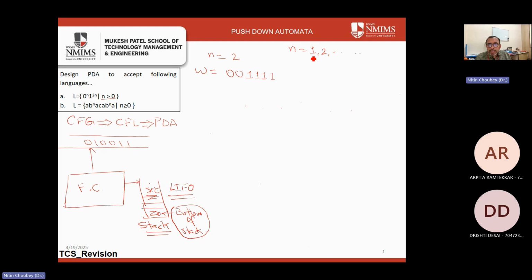So the minimum length for w would be what? If we take n equals 1, w's length would be one 0 plus 2 ones, that is 3. Is this clear?